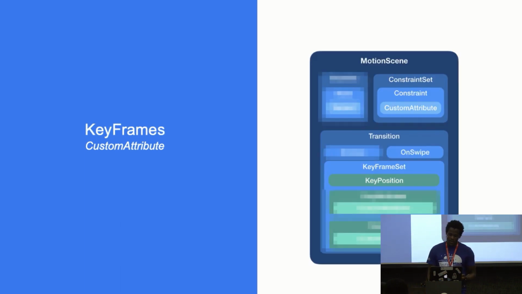And then you've got what they call keyframes within custom attributes. So keyframes help you when, let's say, you've got two states of animations, state 1 and state 2. What motion layout does is check the states that you have. Let's say you've got a view at point A and you're moving it up to point B in the second state, and you say, I want to animate it.